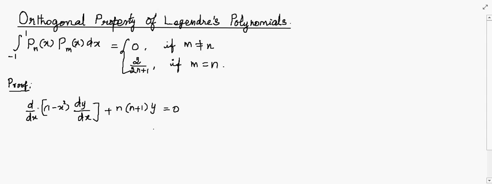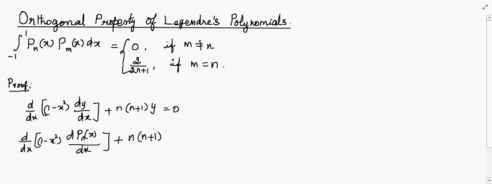Since the polynomials are solutions of this equation, Pn(x) and Pm(x) will satisfy this equation. Hence, we get d/dx of (1 - x²) dPn(x)/dx plus n(n+1)Pn(x) equal to 0. I will take this as equation 1.